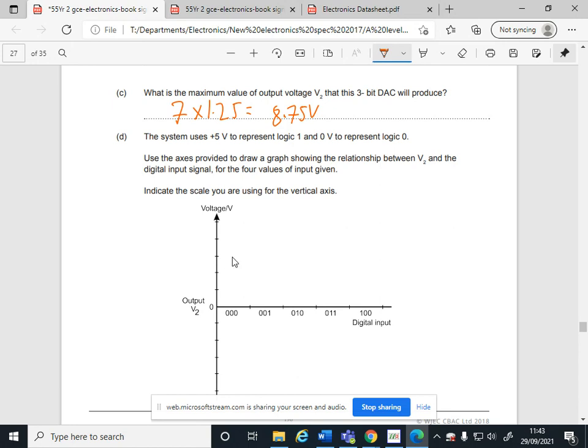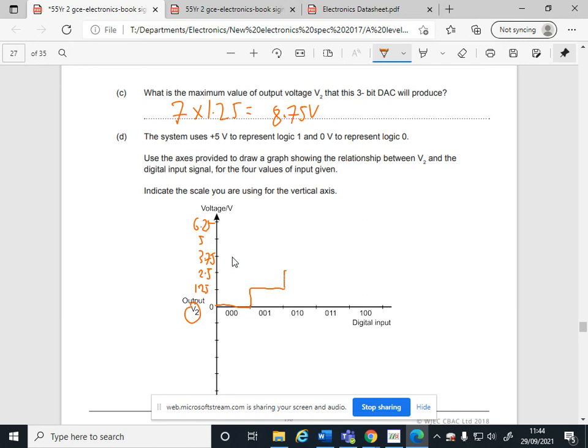Now we're just going to draw this. It's asking for the output V2, so we know it's going to go upwards. The easiest values to use would be 1.25, 2.5, 3.75, 5, and 6.25. We're not quite going to get all the way up to there. So we're going to go staircase, up the stairs.